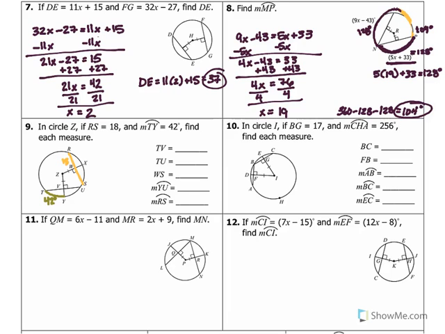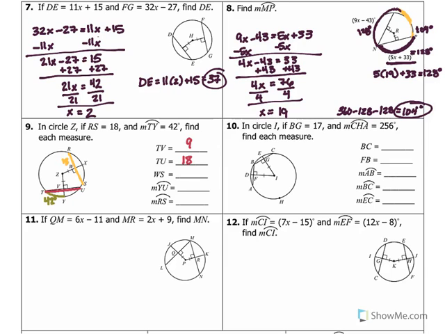Okay, so now it wants us to find TV. And if we are finding TV, TV is half a chord, and we know that our chord is equal to 18, so half of that would just be 9. TU is a full chord. Well, a full chord is just 18.